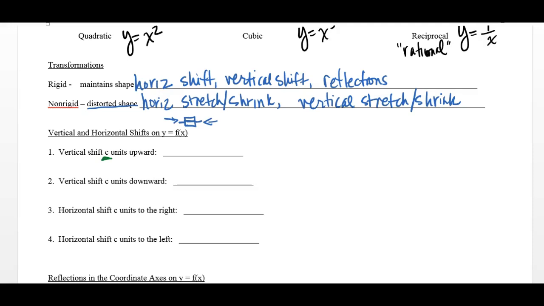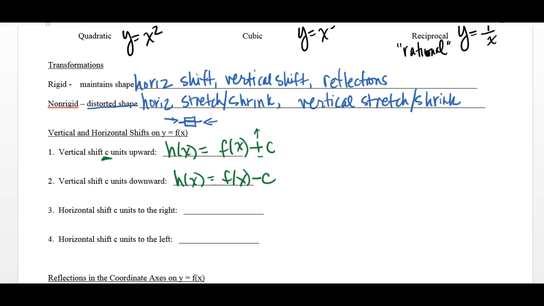So now, if it is a vertical shift c units upward, it would look like this. It would be the original parent function, plus the value c. We know it's going up because there's a plus. Okay, that means up. Now, if it's downward, that would look like this. Minus c, right? That is going down.